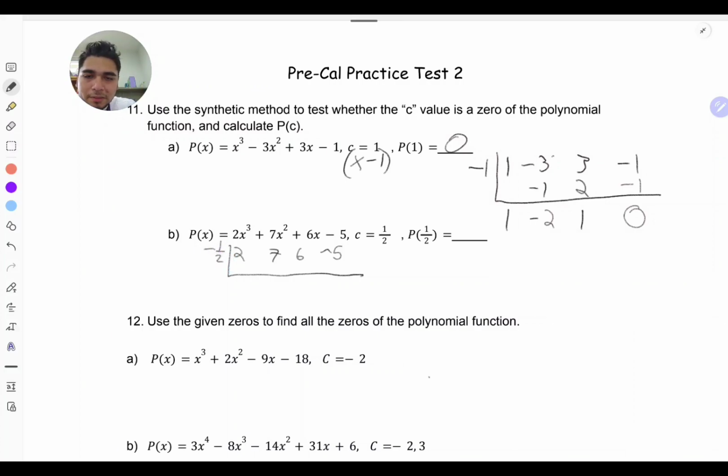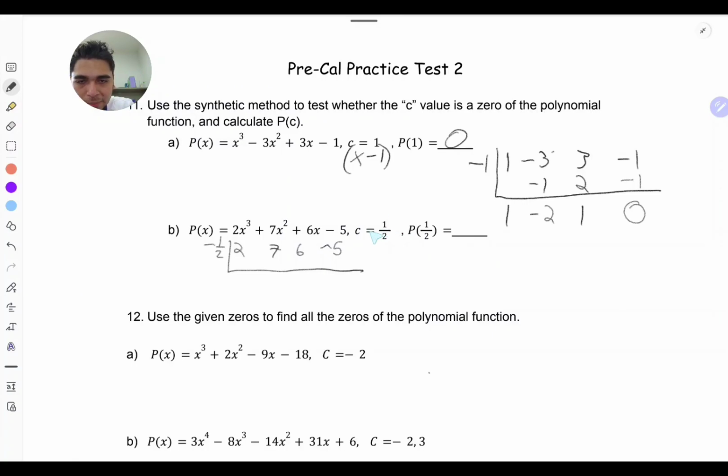Okay? So the reason it's negative 1/2 is because, again, we can express c equals 1/2 as x minus 1/2. Therefore, the coefficient is negative 1/2 in the front.